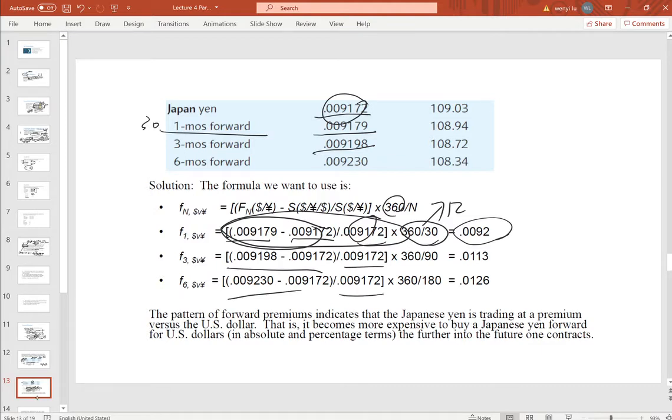So the 3 months we use this one, 6 months we use this one. There's no big difference for calculations. The pattern of the premium is going up. Shows what? Shows the Japanese yen is trading with a premium against the US dollars because the number is going up. And it will become more expensive to buy a Japanese yen forward for US dollar in a future contract.